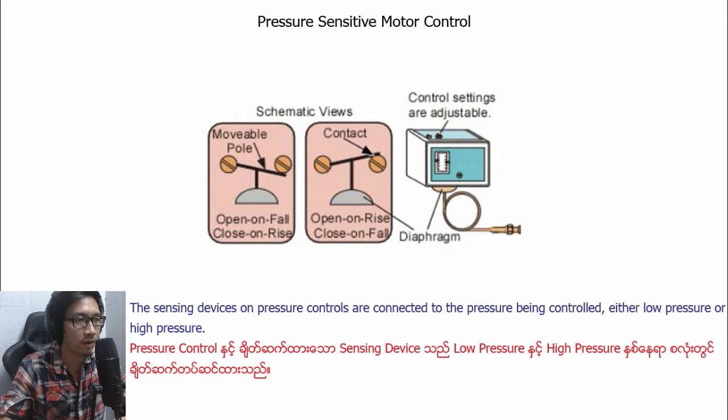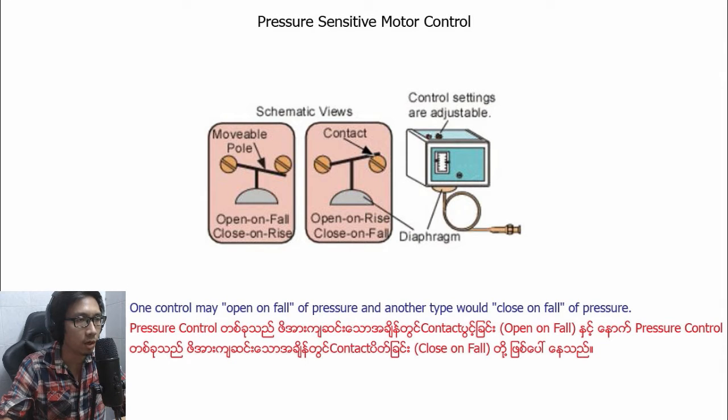The sensing device on pressure controls is connected to the pressure being controlled, either low pressure or high pressure. One control may open on full pressure and another type will close on full pressure.